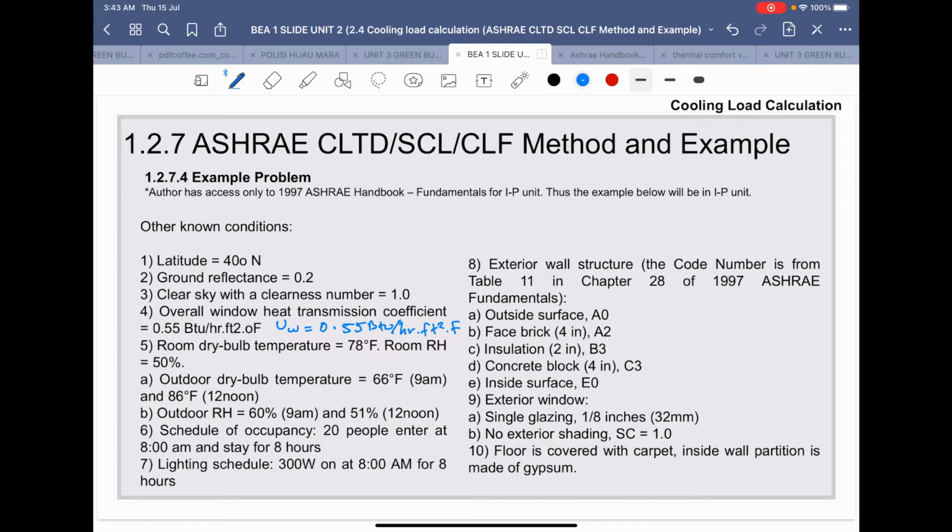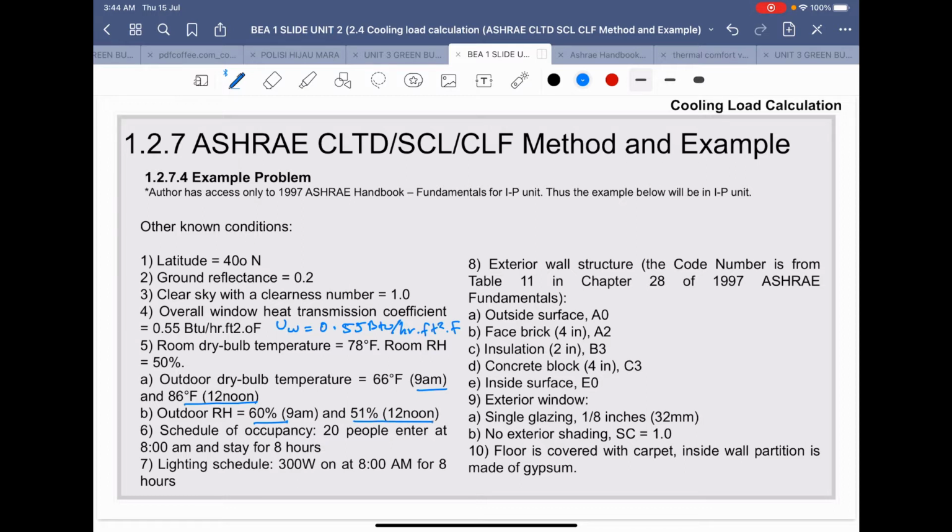The room dry bulb temperature is 78 Fahrenheit and the humidity is 50%, while the outdoor dry bulb temperature is 66 Fahrenheit at 9 AM and 86 Fahrenheit at 12 noon. Outdoor RH is 60% at 9 AM and 51% at 12 noon.